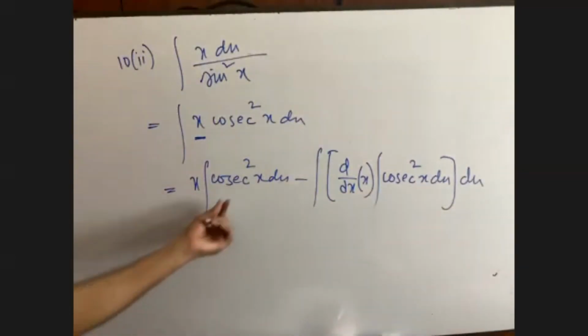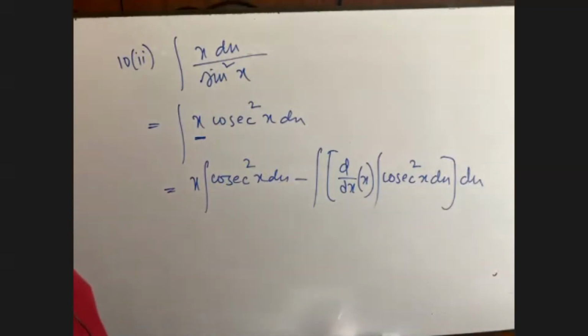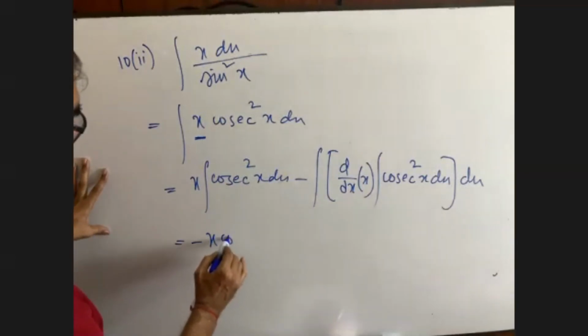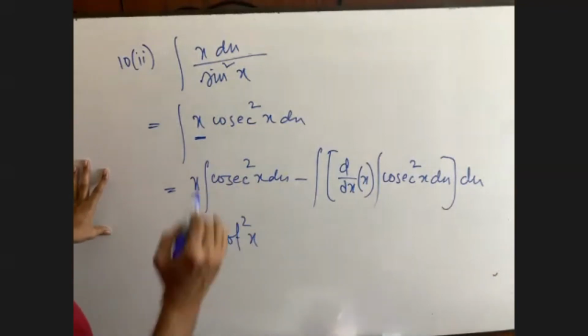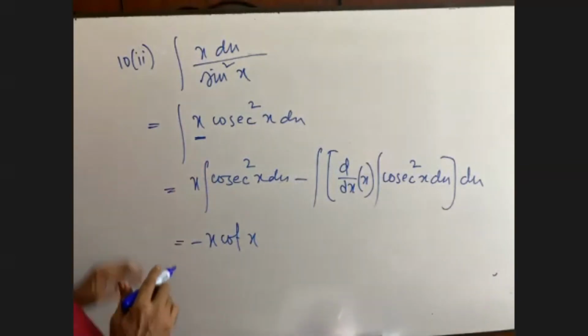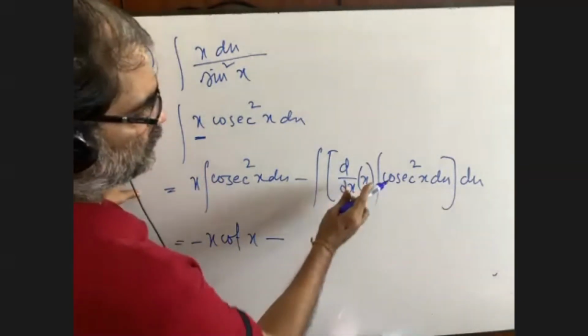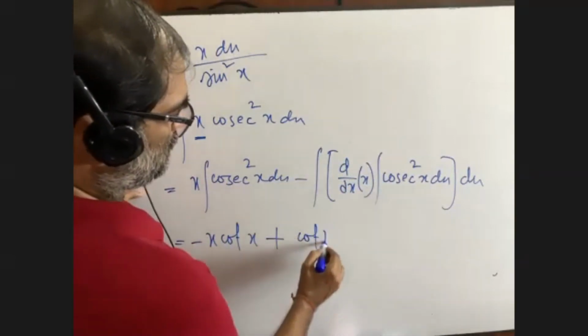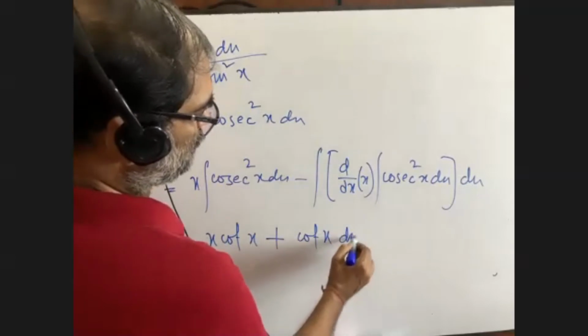Now can you please let me know what is the integration of cosec square x, or who can tell me? Minus cot x. Okay, so it is minus x cot x. Now you see this is minus, x derivative is 1, it is minus cot x, so plus integration of cot x dx.